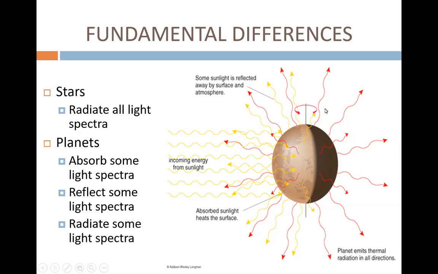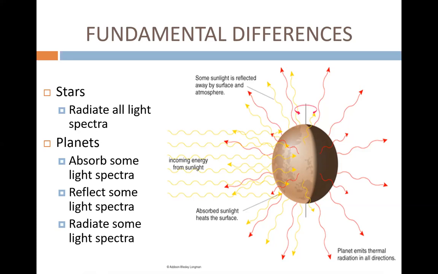And then here in red, this constitutes the light being emitted by a planet, predominantly infrared light, but there could be other wavelengths as well. This is the key difference between planets and stars, and that's something we're definitely going to talk more about in future chapters. But we need to have that fact starting off our discussion in chapter 7.